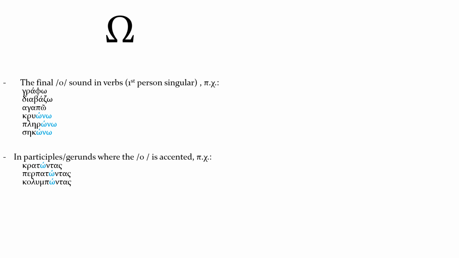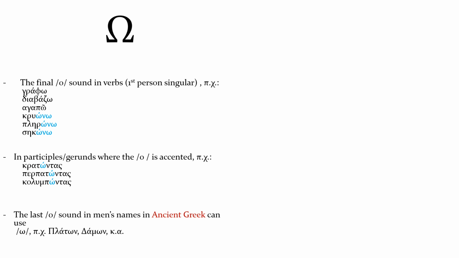And this applies to hundreds and hundreds of verbs. It's another good tip to remember, and it'll save you a lot of grief when you're trying to spell. Kolimbondas, swimming, because kolimbao becomes kolimbo, and kolimbo as a participle becomes kolimbondas.